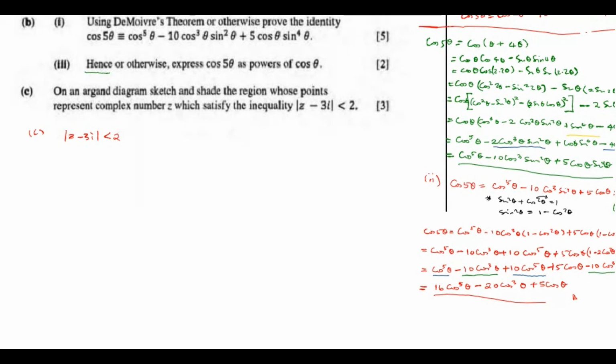we are going to assume that z is equal to x plus iy. We are just going to write our complex number in Cartesian form. So it means we are saying modulus of x plus iy minus 3i is equal to 2.